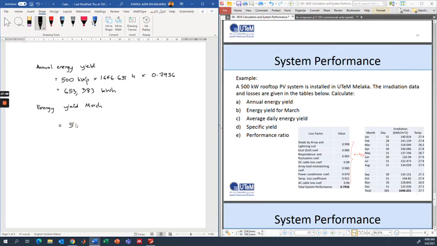The capacity is 500, multiplied by 154.094 hours, multiplied by the same losses, the same efficiency, 0.7936. So we get 61,144 kilowatt hour.